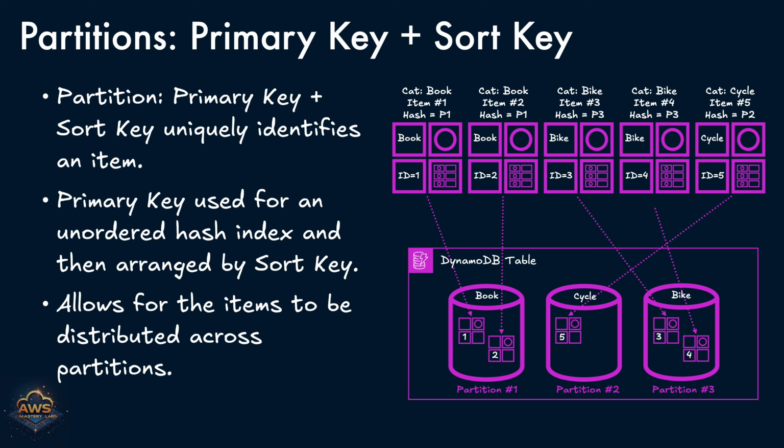For example, all items labeled as books will fall under the same partition key, books. Within each partition, the items are then ordered by the ID, thanks to the sort key. This visual reinforces the importance of choosing the right keys based on your access patterns.